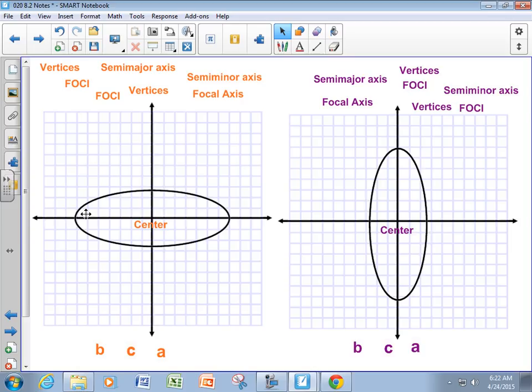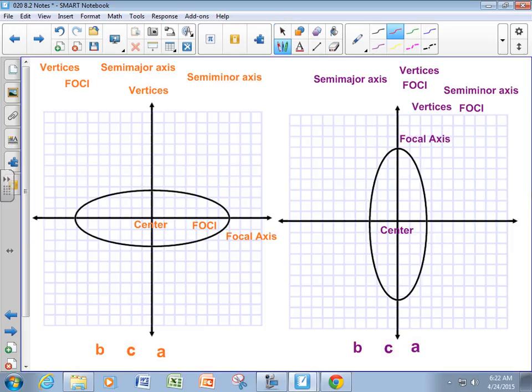That's what makes it not a circle. And that longer side is what we call our focal axis. It's like the major axis in the ellipse. So you'll see that that's different for each of these. And if you remember from the definition, the foci lie on this focal axis, and they're going to be at some fixed point. We'll talk about maybe more exactly where this point should be later, but there is a fixed point inside the ellipse on the focal axis.